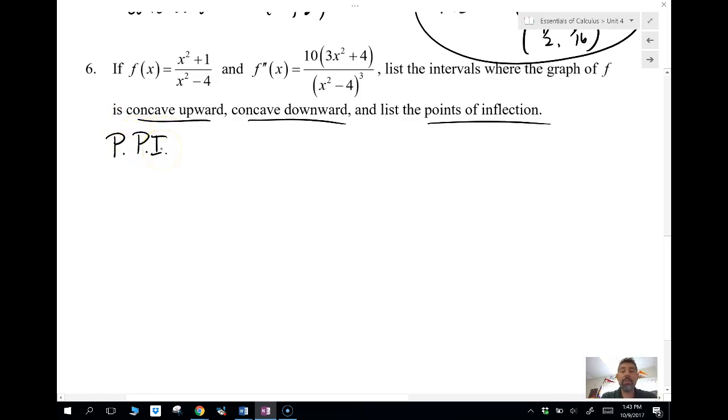So what are our PPIs, our possible points of inflection, or possible inflection points? We could call them pips, right? What are my pips? Well, it doesn't look like we have anything in the numerator that we can set equal to 0. So we have some things that we need to consider.